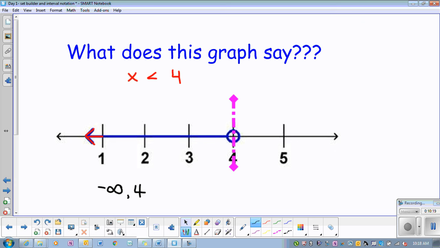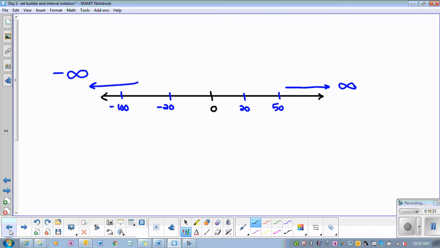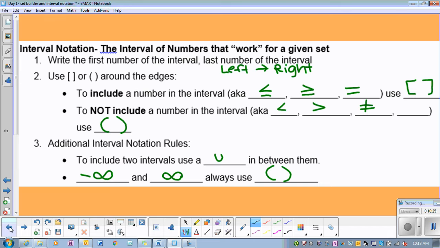Open. If it's an open circle, look back at your notes. Open circle, guess what? Parentheses or bracket? Parentheses, right? To not include.